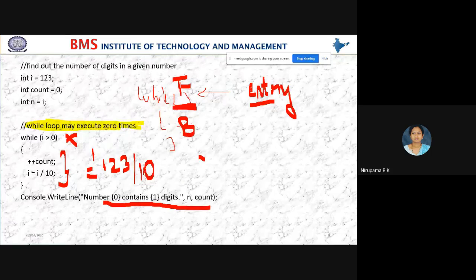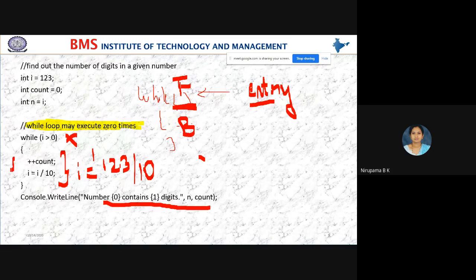After dividing this number, it will display the statement. What will be the I value now, students? The I value is 12.3. Yes, 12.3.